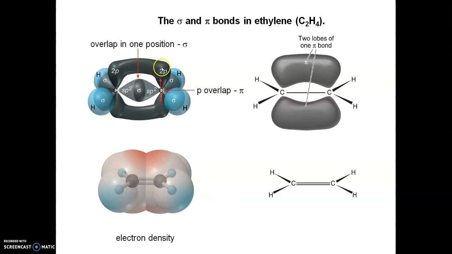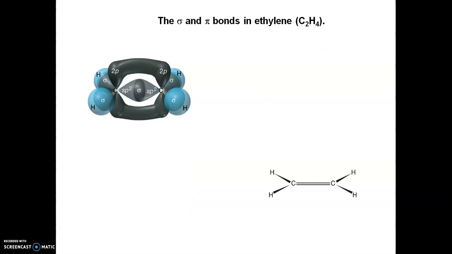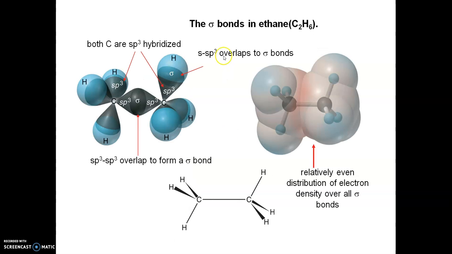Now, notice, by the way, those p orbitals have to line up. If you twist this so the p's don't line up, the bond breaks. That means double bonds are rigid. A single bond, the atoms could rotate around that. So if I go back to that, these 2 atoms can rotate around that bond.